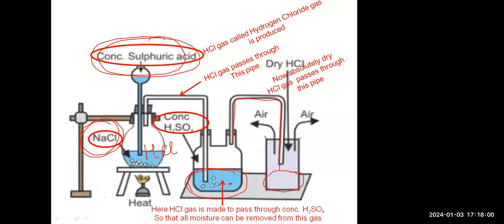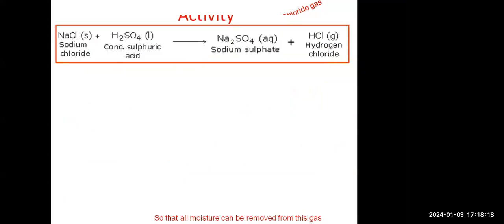Okay. Now when we see the formula HCl, it is very clear that it will have acidic property, right? So far we have been discussing HCl, hydrogen chloride, hydrochloric acid. So we know it should have acidic property. This is the reaction from the previous diagram, where we discussed the reaction between these two and HCl gas is produced.